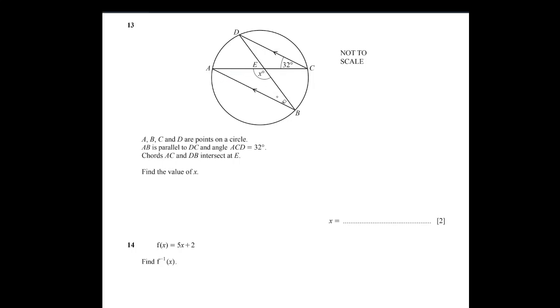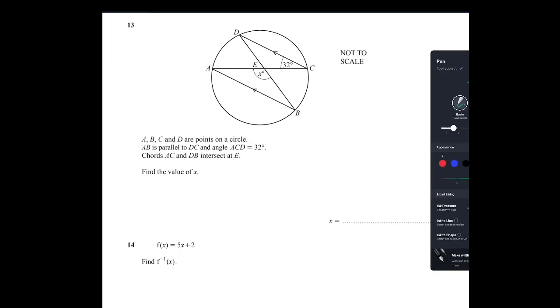Then we'll say that angles in the same segment are equal. So here the segment AD makes an angle 32. So the same segment AD will also make the angle here 32. So angles of the same segment are equal.